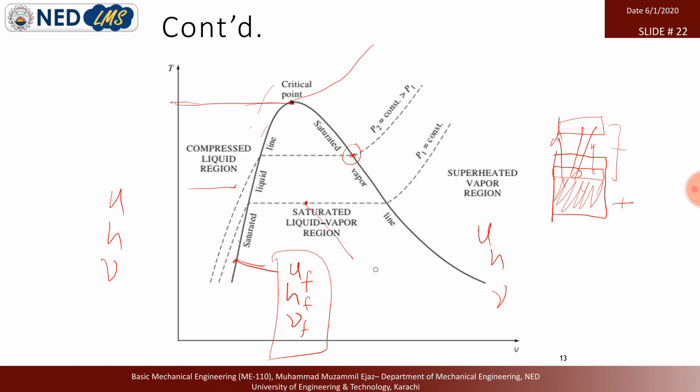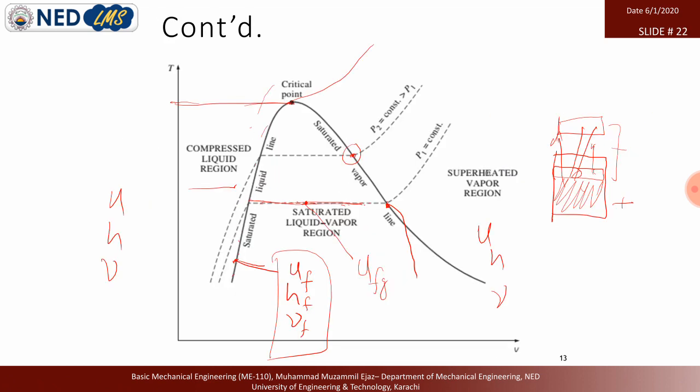So we subscript with f, fg, g. Later we will study how we denote the quality, but in this in-between region we subscript with f and g both.